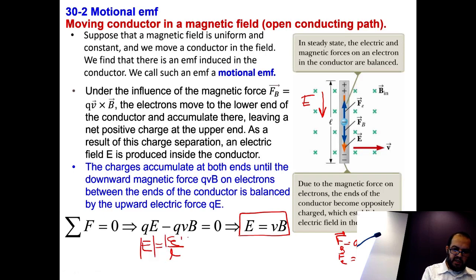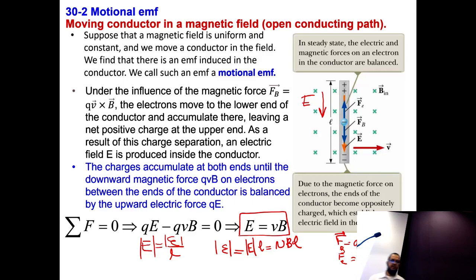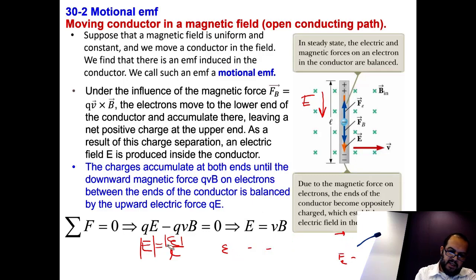The EMF is the electric field times L, and the electric field is equal to VB, so it's VBL. So the induced EMF in this bar is equal to the velocity of the bar times the magnitude of the magnetic field strength and the length of the bar. Interesting observation.